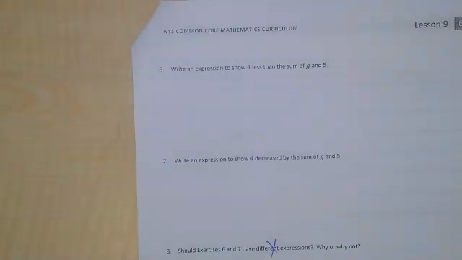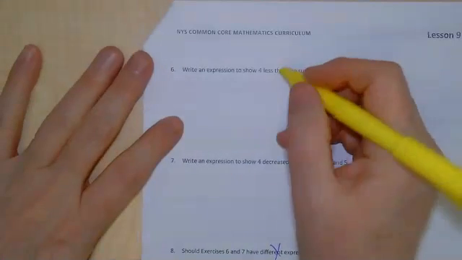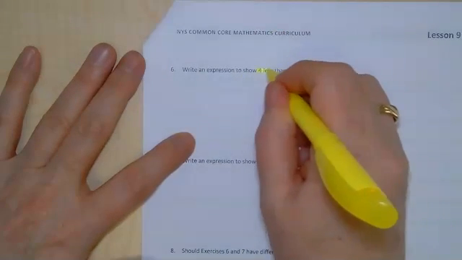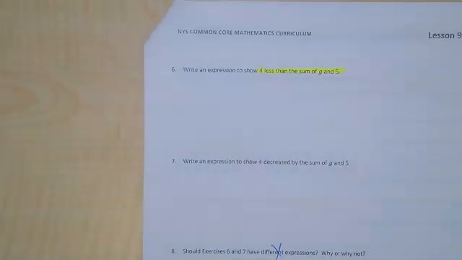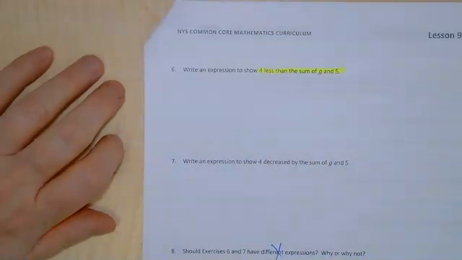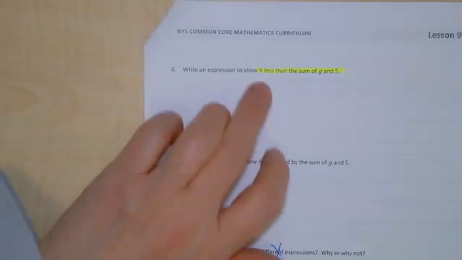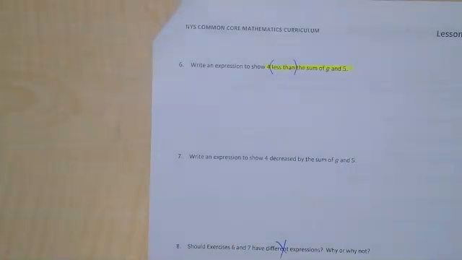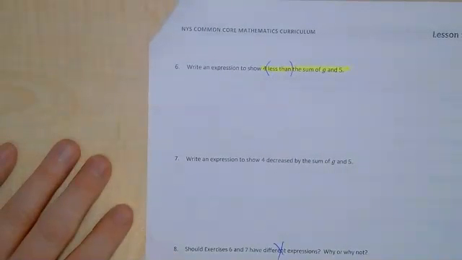Okay. Here's the big challenge of the day. You ready? 4 less than, there's that less than thing. 4 less than the sum of G and 5. So what do I write first? You write the 4 plus G plus 5. 4 less than. Oh, 4 minus G plus 5. You're getting closer.